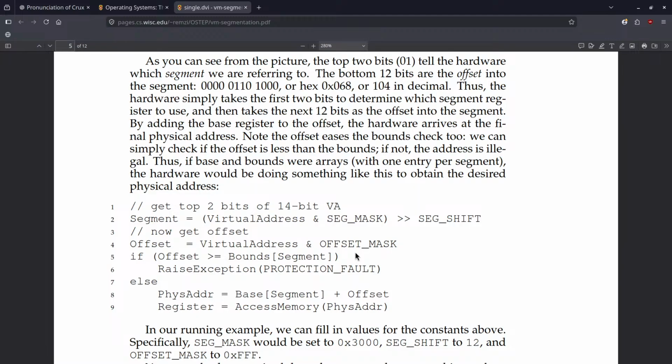Get top 2 bits of 14-bit virtual address.